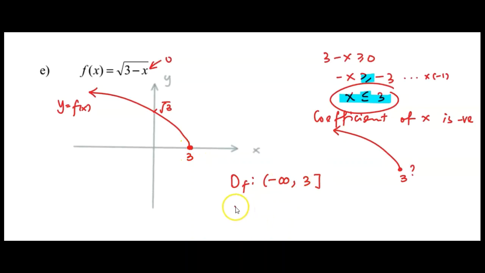So this is your domain, and the range will be from the lowest point. The lowest point of your graph has a y value of 0, so the range will start from 0. And for the highest point of this graph, the y value can be represented by infinity.